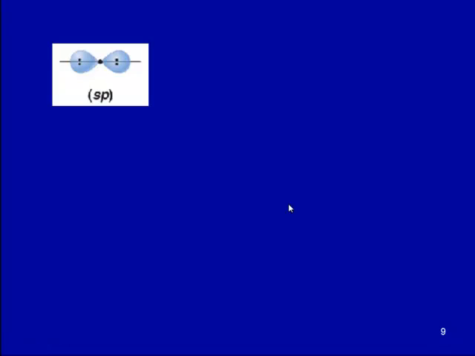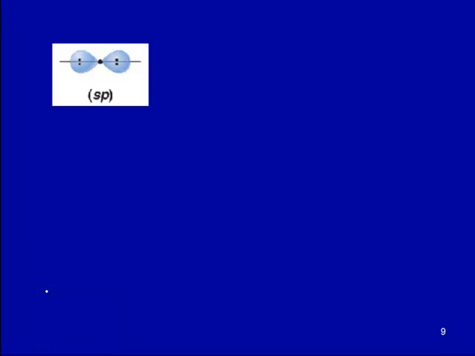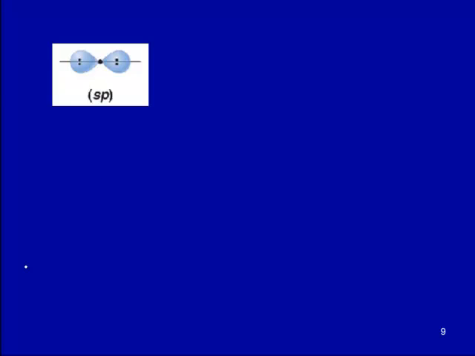As we saw before in the simulation part, with 2 electron groups, the electron group number is 2, and you have a linear electron group geometry.